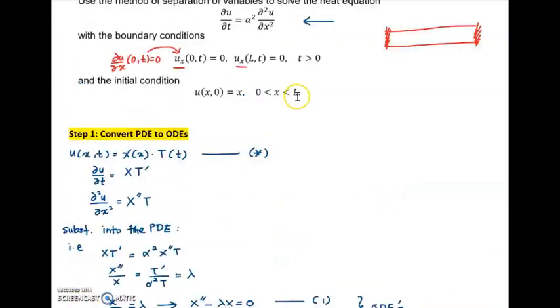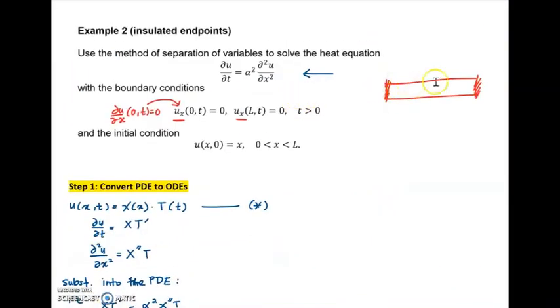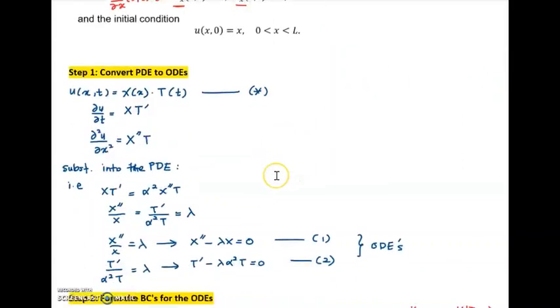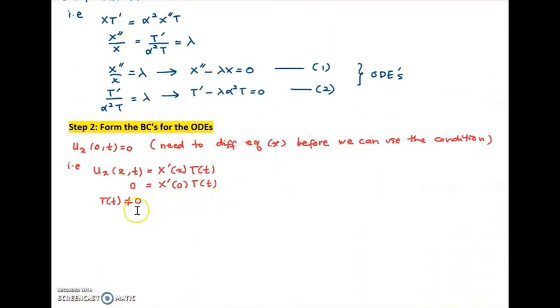If you have the rod here and u(x,t) equal to 0, then for any location x at any time t, the temperature is always 0, which is not true. This is not valid for our application. So that's why we say that T of t cannot be 0.